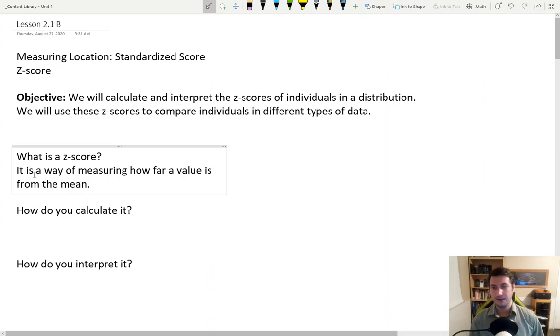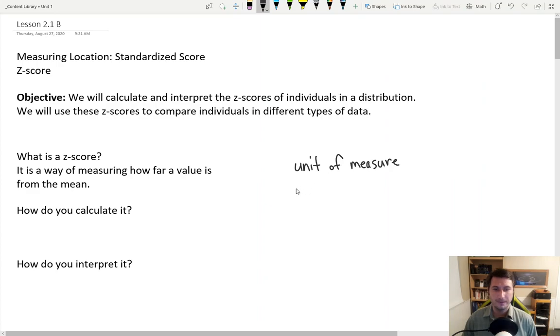Now if we're going to be measuring something, what are we measuring in? Are we measuring in feet, inches, miles, seconds? That's the confusing thing about a z-score. Our unit of measure is the standard deviation.